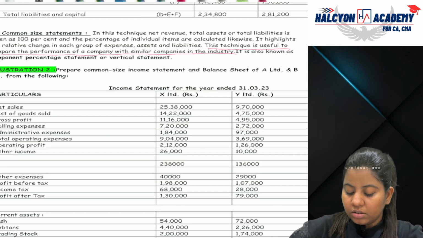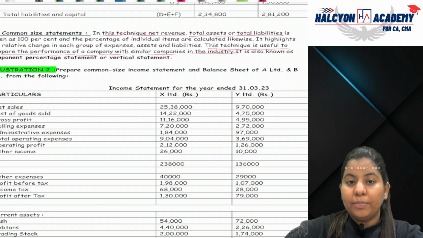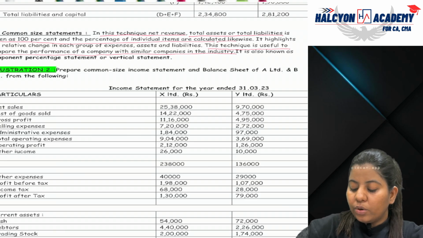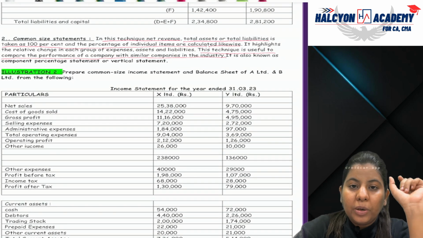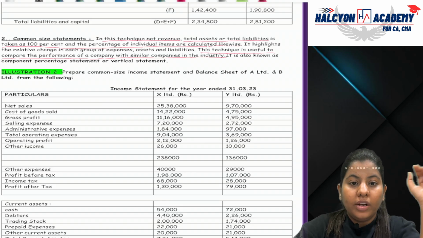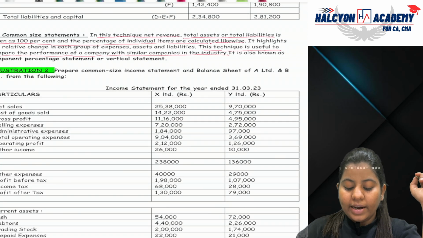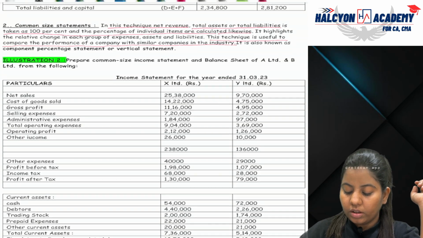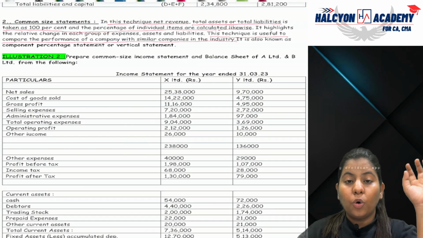In this technique, net revenue means net sales, total assets or total liabilities is taken as 100% and the percentage of individual items are calculated likewise. Whatever we are taking as base will be taken as 100%, and the percentage of all other individual items we have to find out. It highlights the relative change in each group of expenses, assets and liabilities. Is it clear?